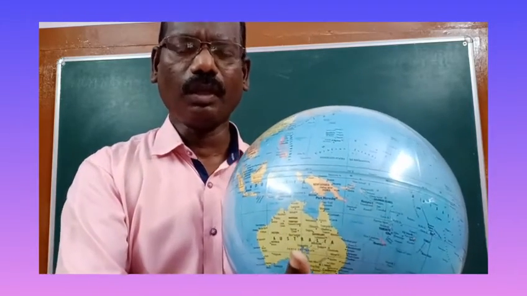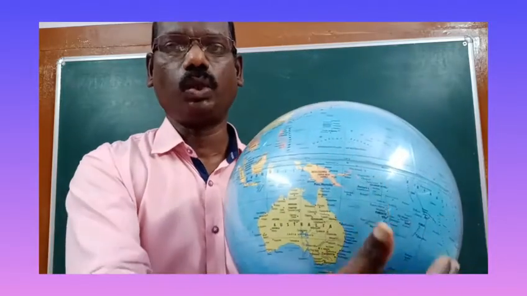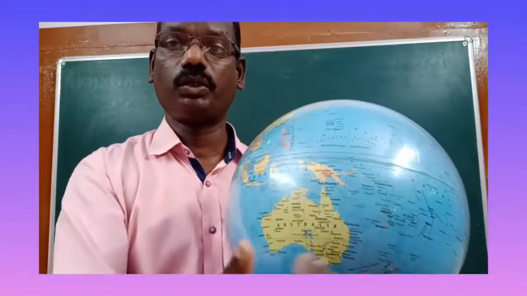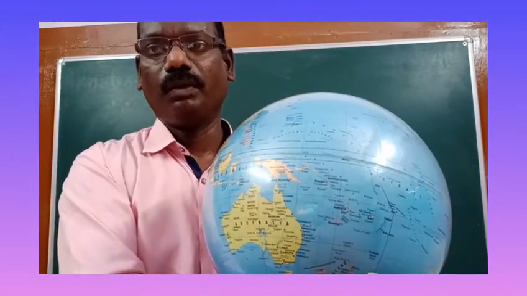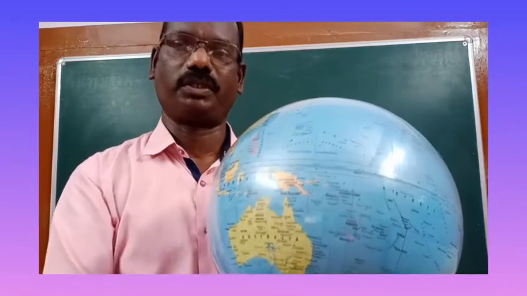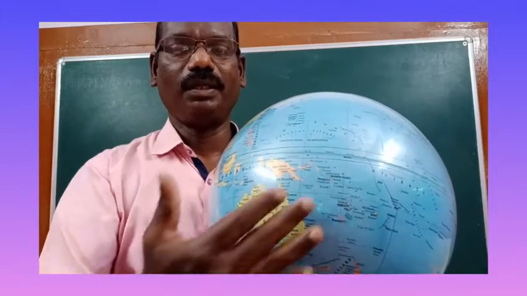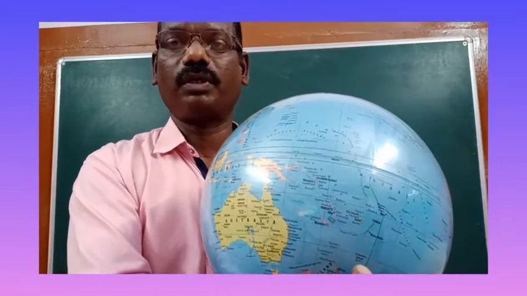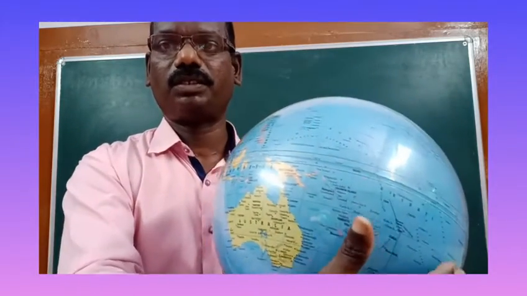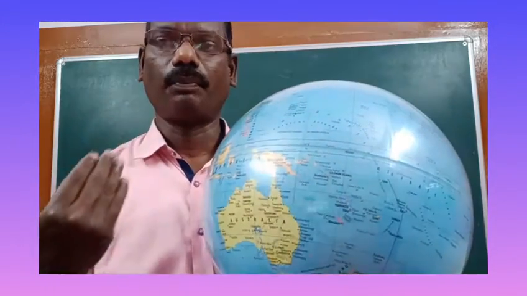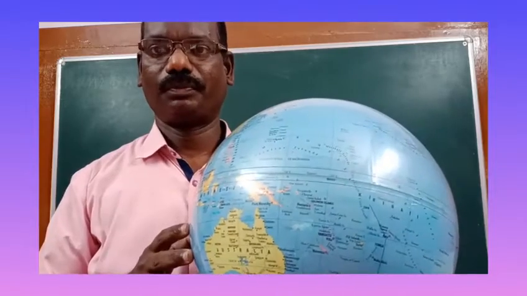The places in the east, or the eastern side of the globe, get the rays of the sun first. That means the day always occurs first in the eastern side and later in the western side.